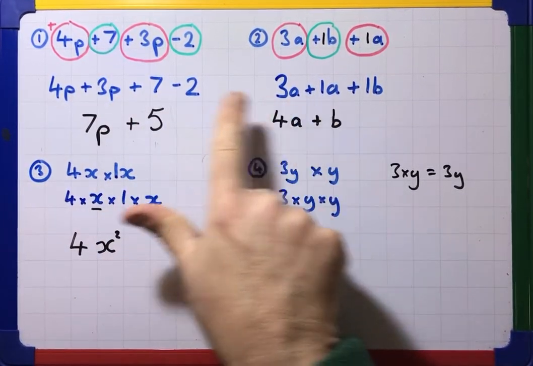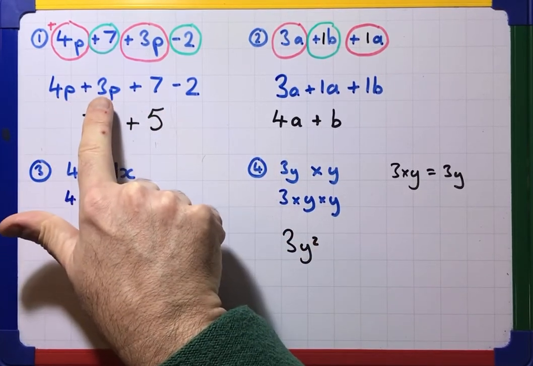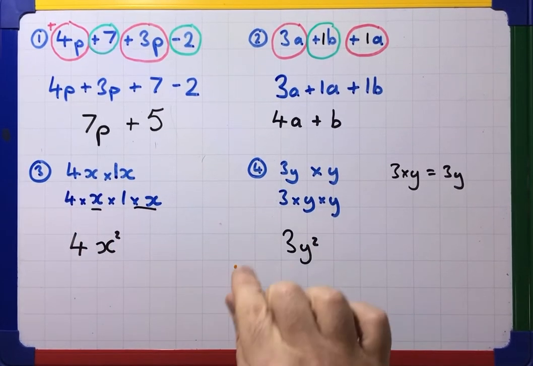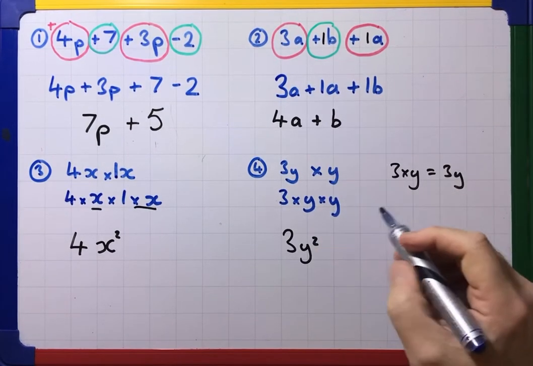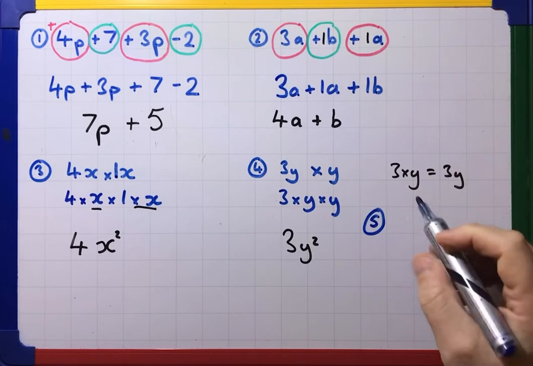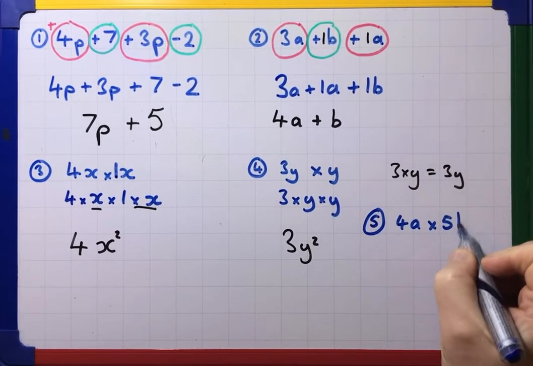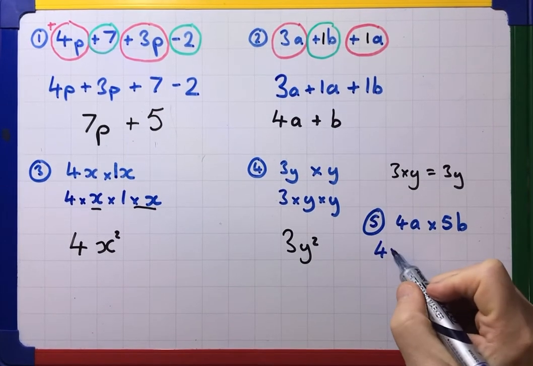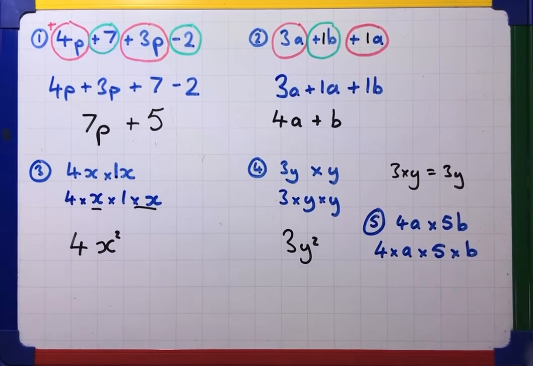Here, when we're adding or subtracting, remember, we've got to look for like terms. Okay? When we're multiplying, it doesn't have to be like terms. I'll do another example here, look, fifth one. If I had 4a times 5b, I can do that, because all it is is 4 times a times 5 times b.